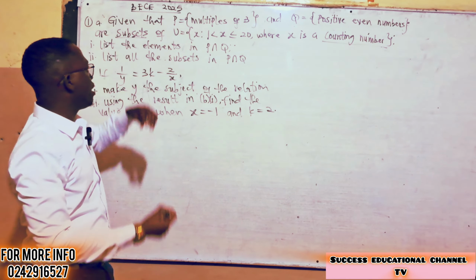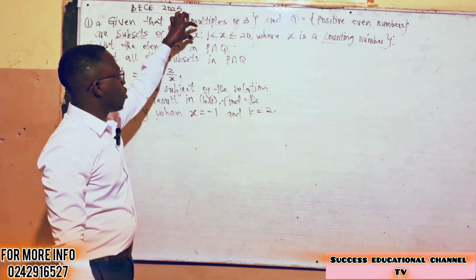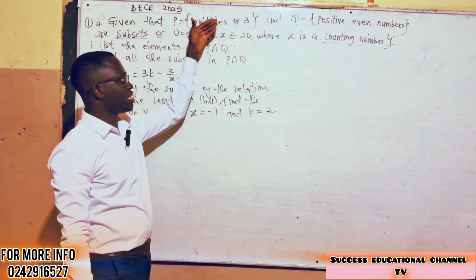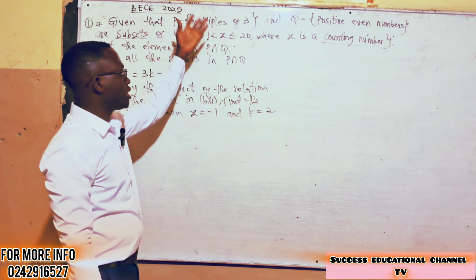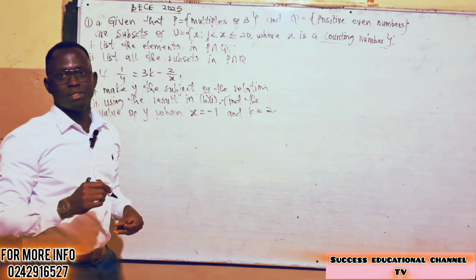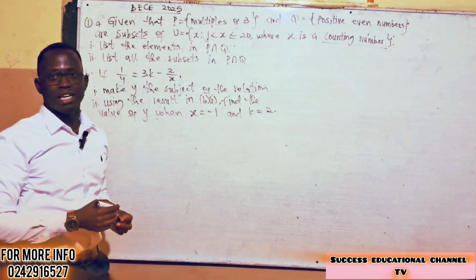So our universal set has x such that 1 less than x less than or equal to 20. What this means is that 1 is not part of the set because we have this inequality sign which says less than.